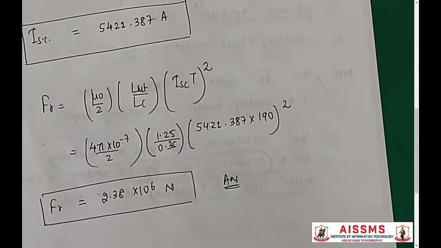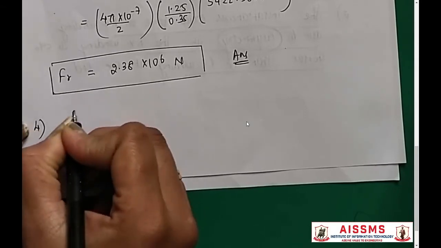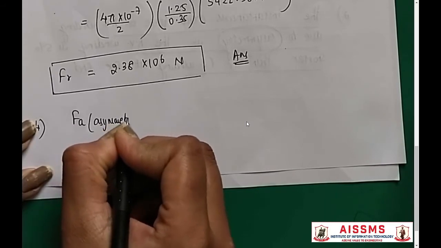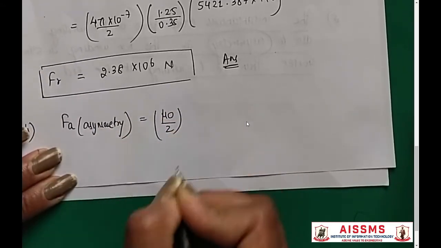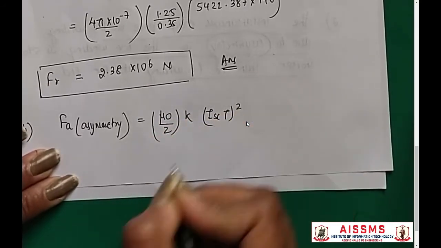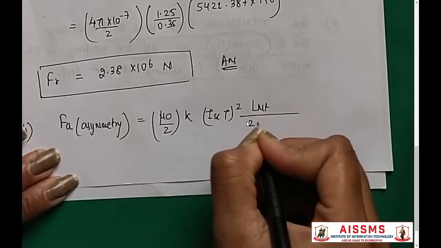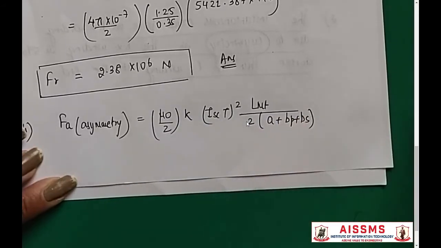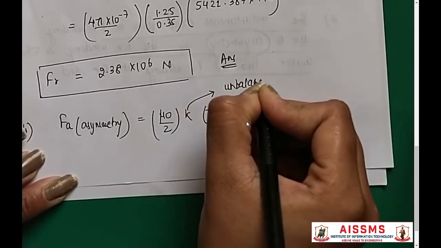The axial force due to asymmetry is given by mu naught upon 2 K, IT square LMT upon 2 bracket A plus BP plus BS, where this K is known as the unbalance factor.